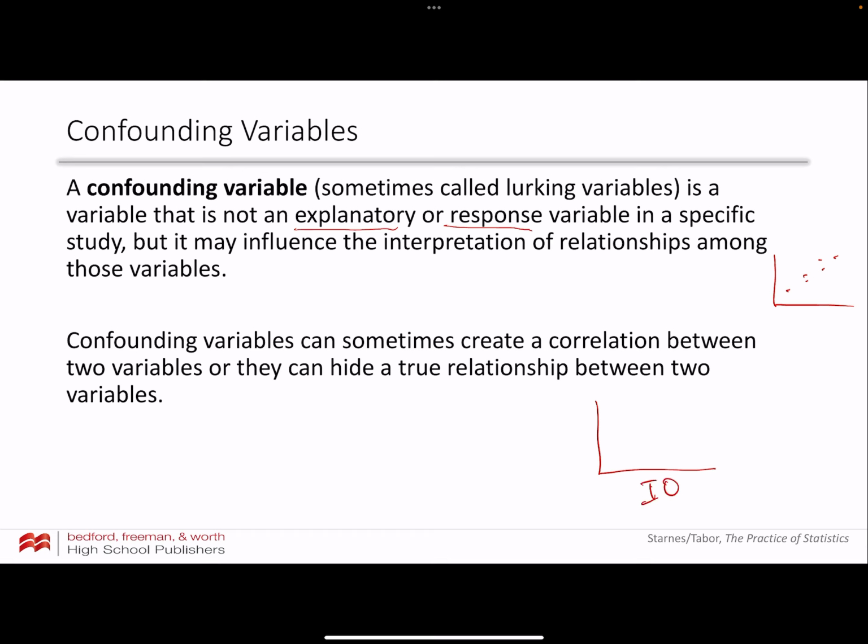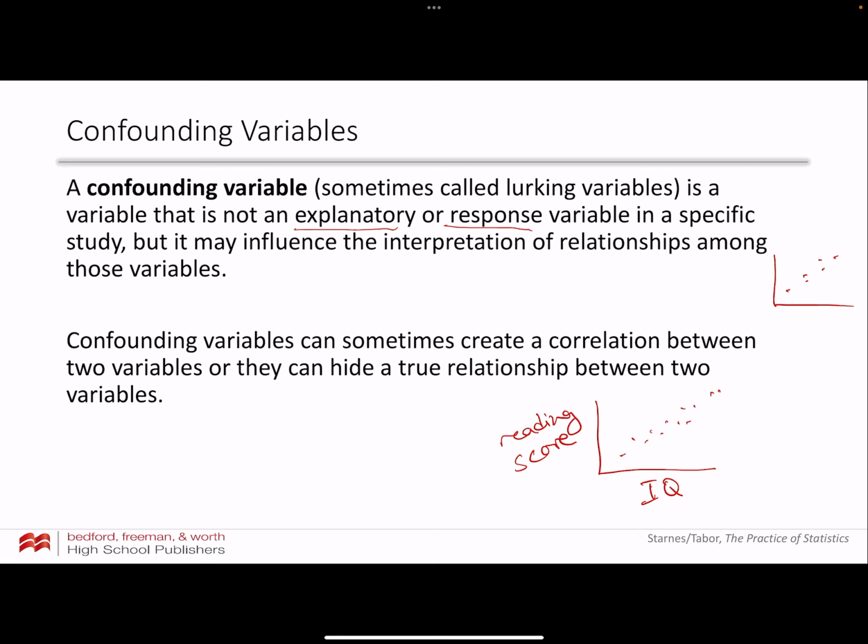Let me draw this out. So I probably do have an explanatory response relationship to some extent, right? A person's IQ going up probably has an influence on, or causes to some extent, the reading score to go up as well. But what else could be at work here? What else is causing the reading score to increase?